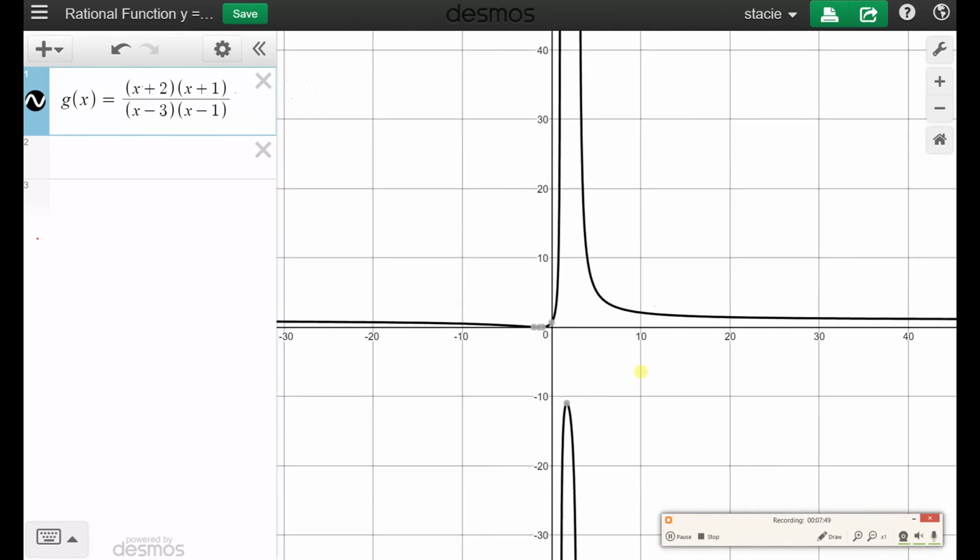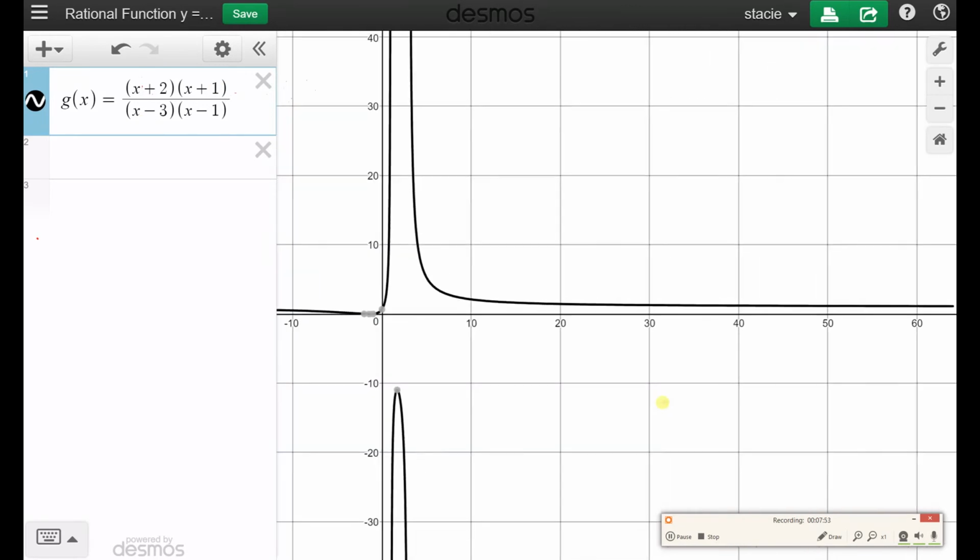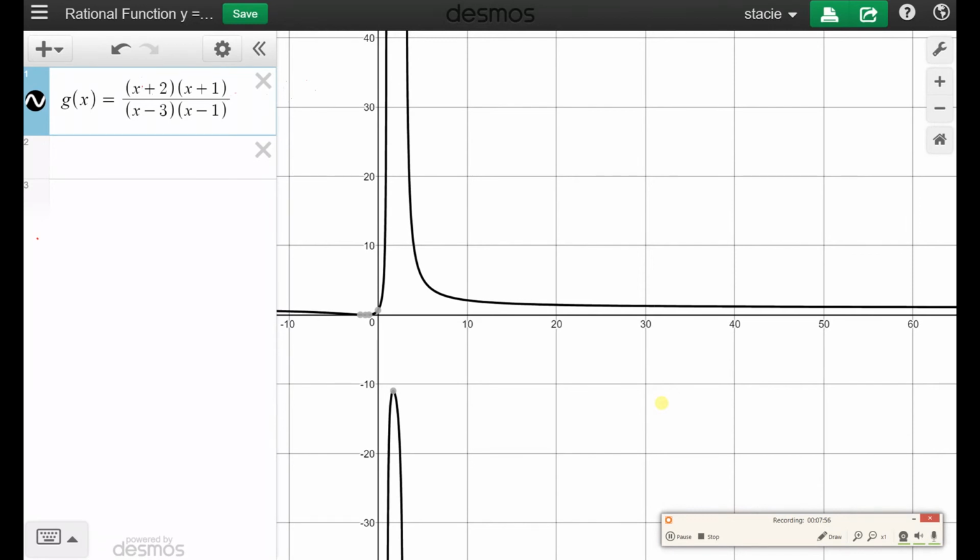Let's see if we can see this a little bit better. It's hard to see off the graph what the horizontal asymptote is, but it's clear that it's not 0. So let's sub in a really big value. So far it's looking like it might be 2. Oh, now it looks like it might be 1. What do you think? I think the horizontal asymptote is y is equal to 1.